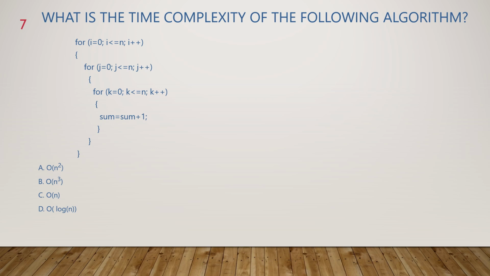Question number 7. What is the time complexity of the following algorithms? Here the algorithm is a nested for loop with three levels: the outer for loop i runs from 0, the inner loop j equals 0, and the third, within j, k equals 0.